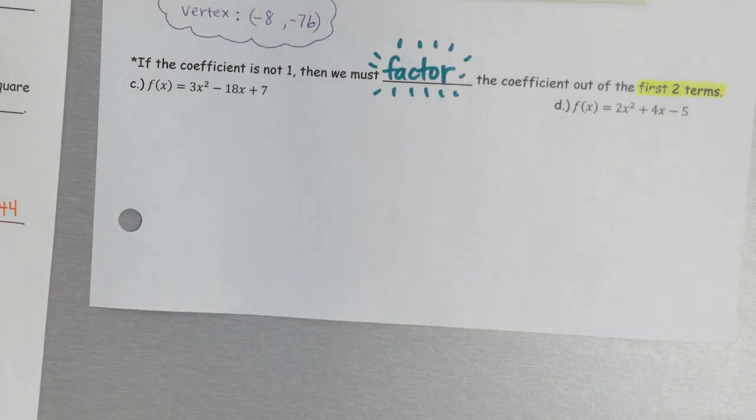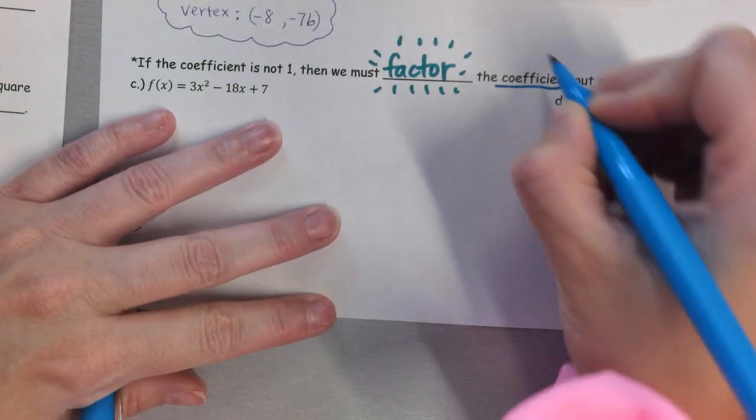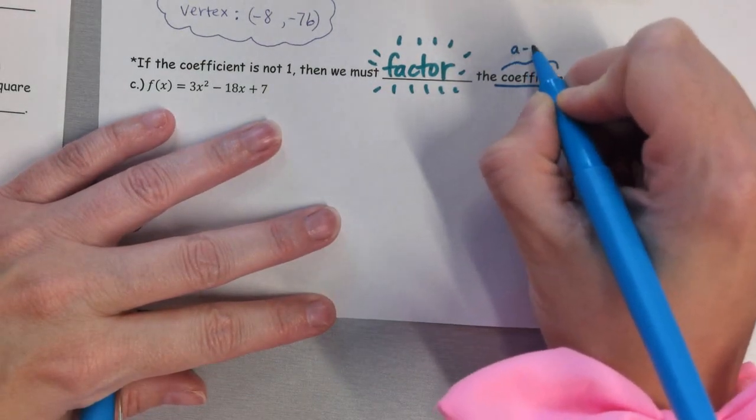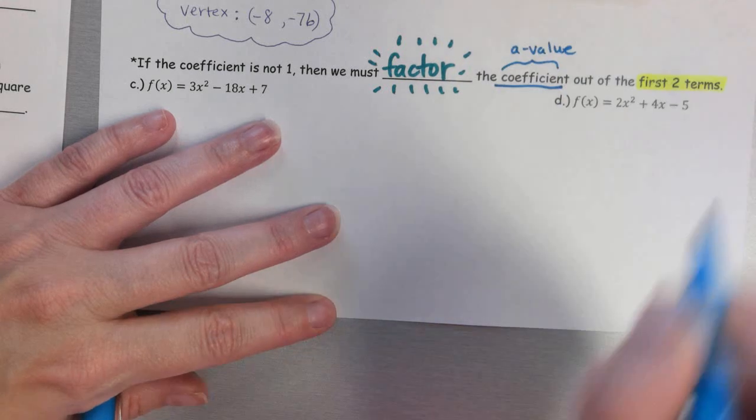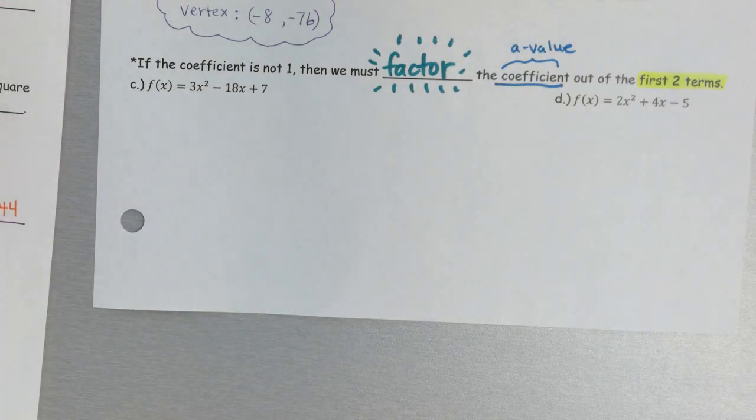And when it says we're factoring out the coefficient, what that means is we are factoring out the A value and the A value only. Okay, so a lot of the steps are the same.